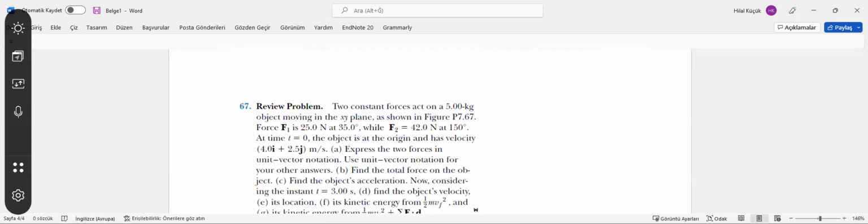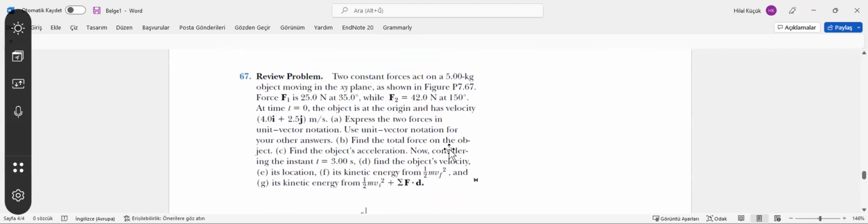Is there angle information here? No, maybe I can write sin 75 will be 0.7.